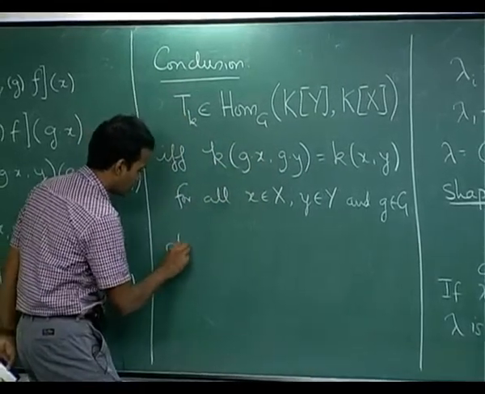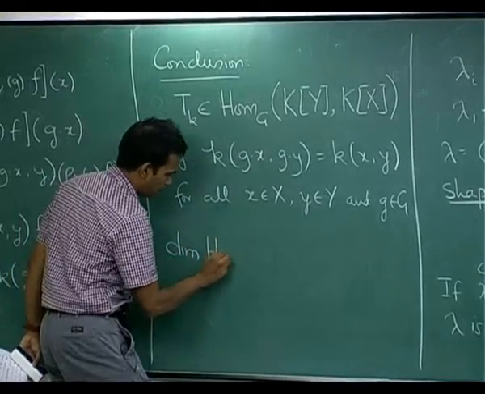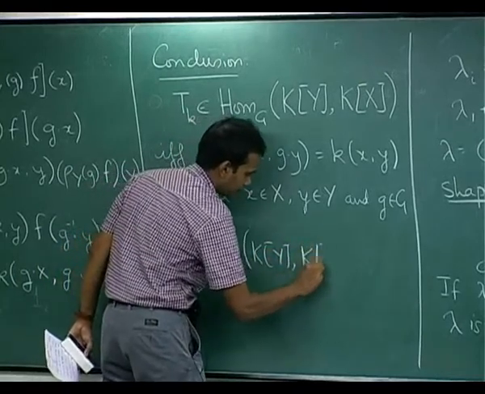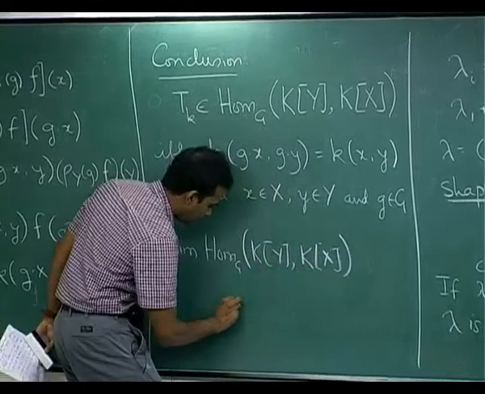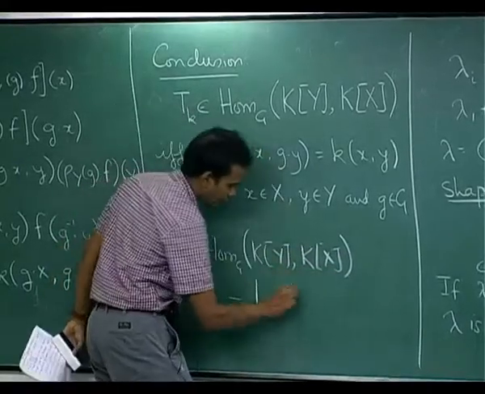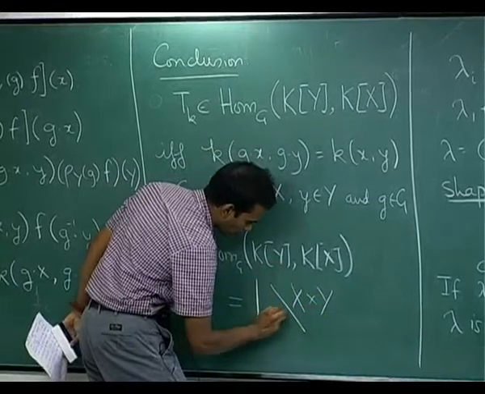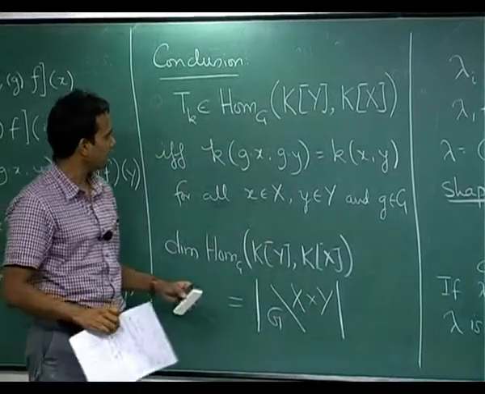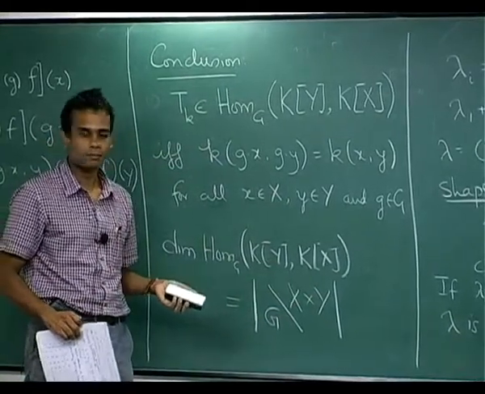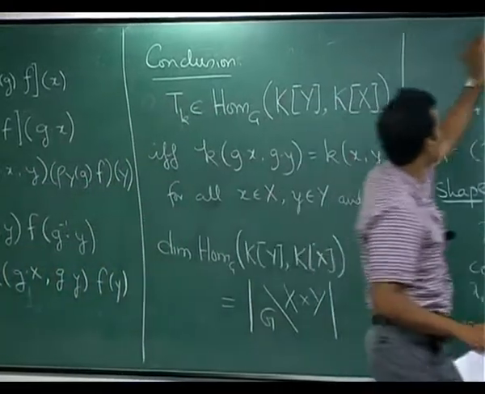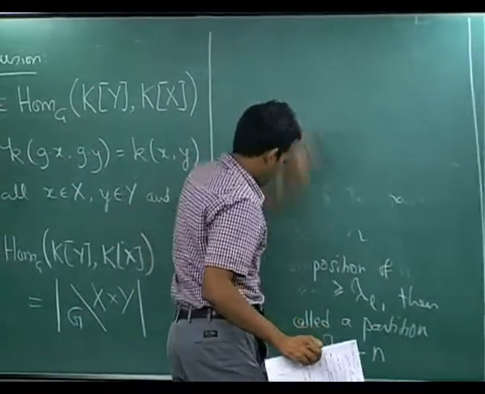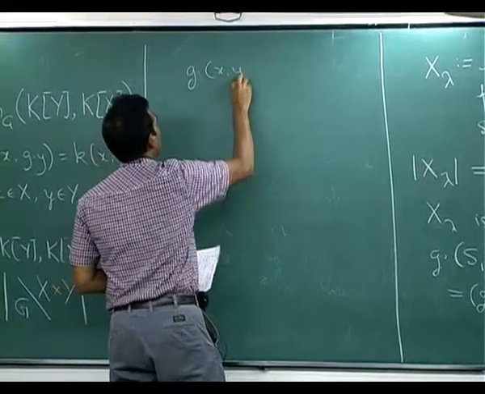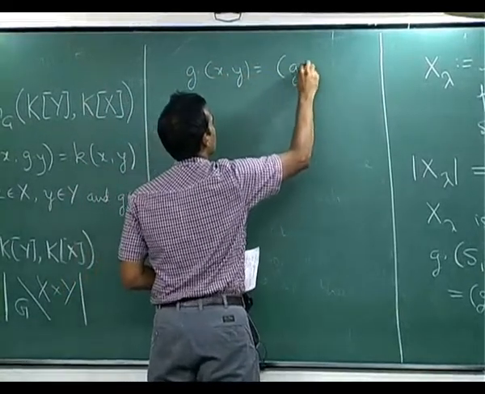So the dimension of this thing, Hom_G(K(Y), K(X)), is the cardinality of the set, well, I must take X cross Y and go modulo the diagonal action of G. G is acting on X cross Y by g dot (x, y) is (g dot x, g dot y).